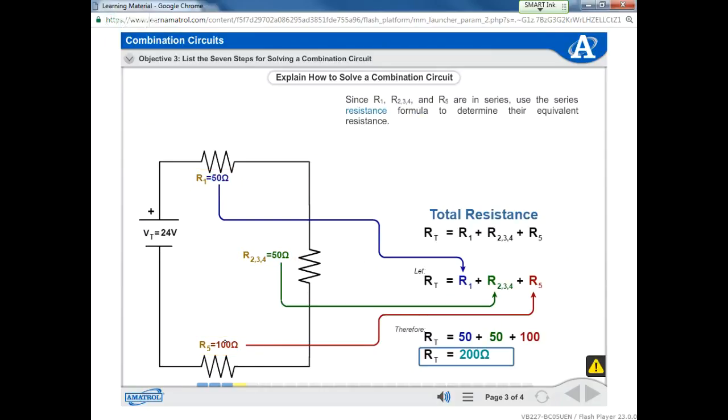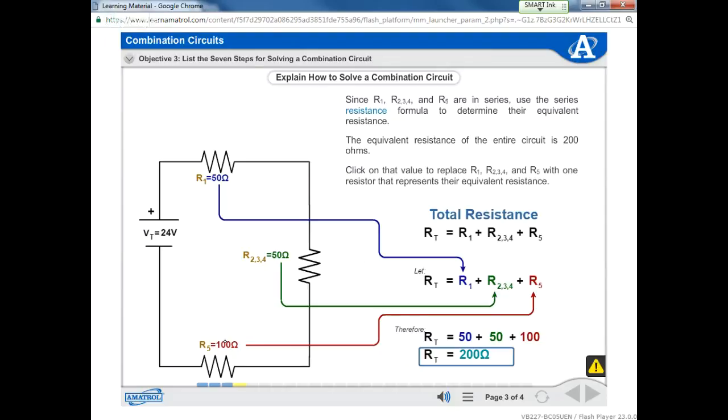Since R sub 1, R sub 2, 3, 4, and R sub 5 are in series, use the series resistance formula to determine their equivalent resistance. The equivalent resistance of the entire circuit is 200 ohms. Click on that value to replace R sub 1, R sub 2, 3, 4, and R sub 5 with one resistor that represents their equivalent resistance.